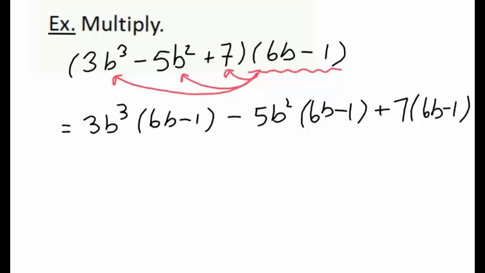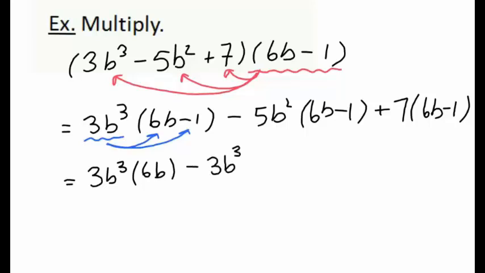Now that we've done our first distribution, we can go ahead and do our second distributions. So I'll take the 3b cubed, multiply through like this. When I do that, I get 3b cubed times 6b. And then I'm going to subtract 3b cubed times 1. That's going to be 3b cubed.